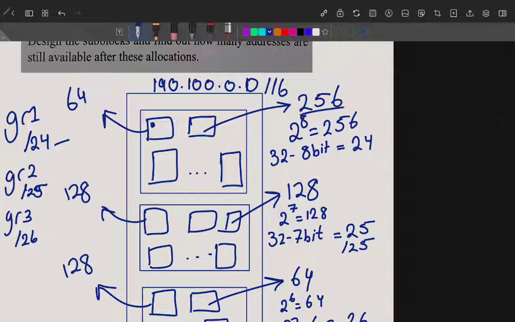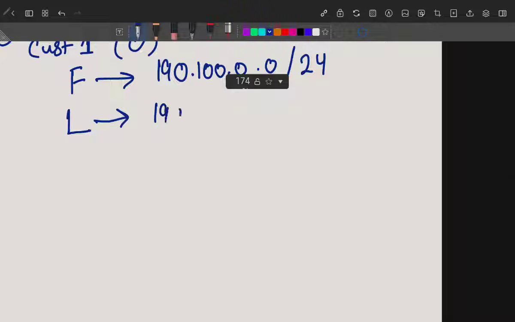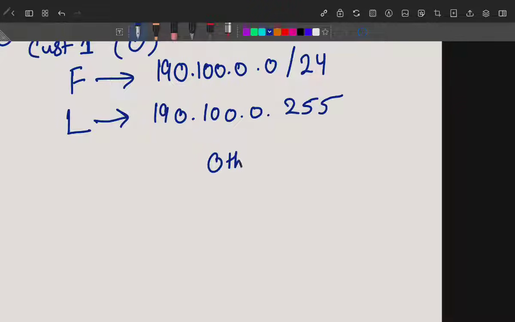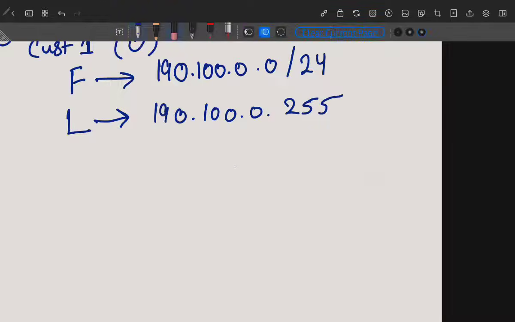For each customer it is 256 addresses, and so the last is 190.100.0.255. Why 255 and not 256? Because the 0th address plus up to the 255th address gives in total 256 addresses. That is zero-based numbering.